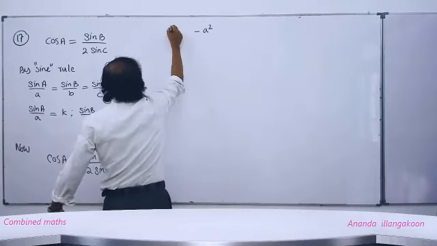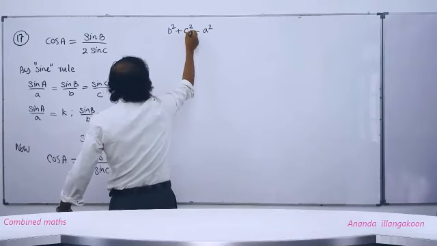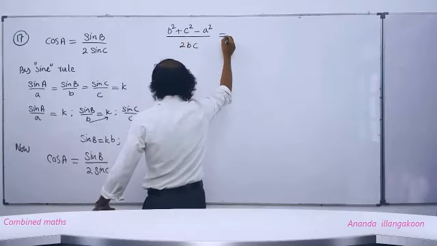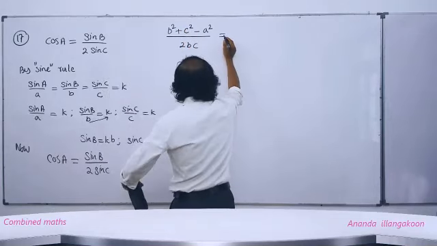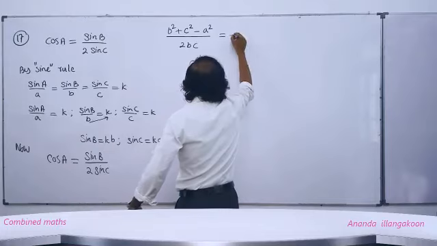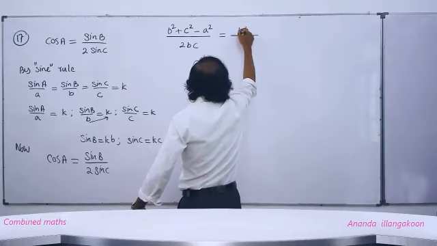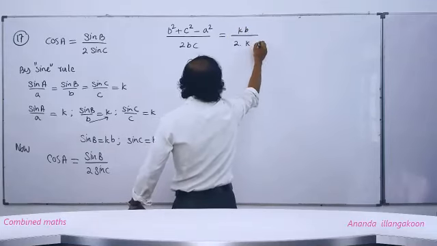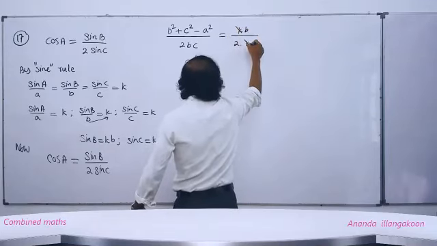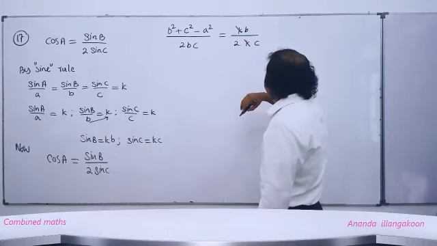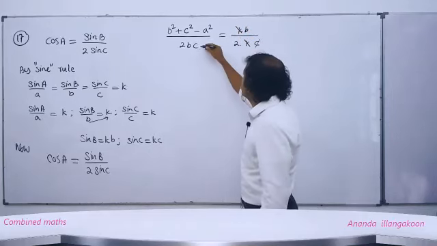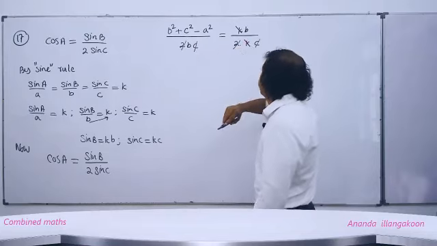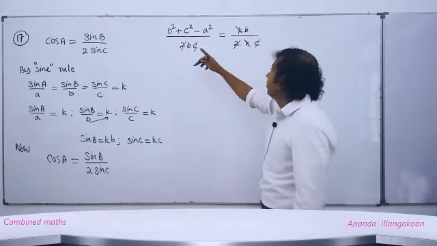B and C. B squared plus C squared divided by 2BC equals sin B, KB, divided by 2 times sin C, KC. K and K you can cancel now. And this C and this C also you can cancel now. And this 2 and this 2 also we can cancel now.